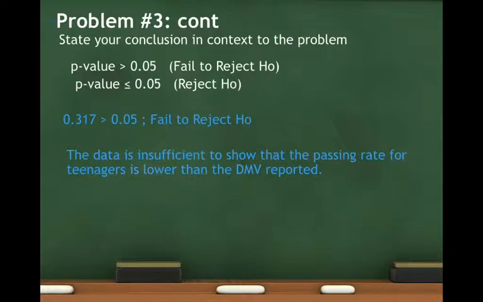For this one sample, for this test statistic, we have no evidence to go against what the DMV is claiming, and so the data is insufficient to show that the passing rate for teenagers is lower than what the DMV is reporting. Make sure you understand that. When we fail to reject the null hypothesis, we do not have any evidence to go against the claim from the null hypothesis.